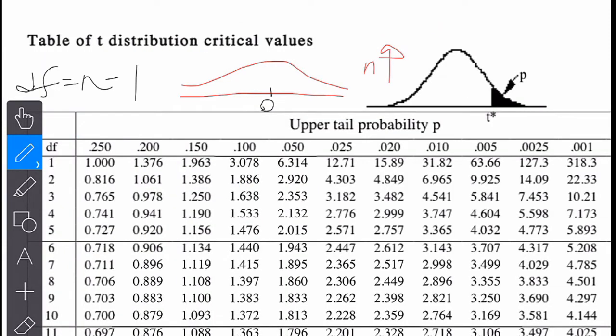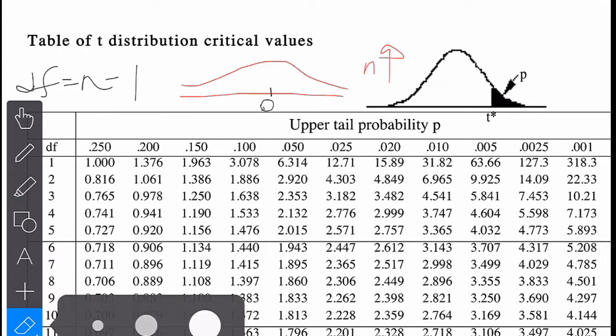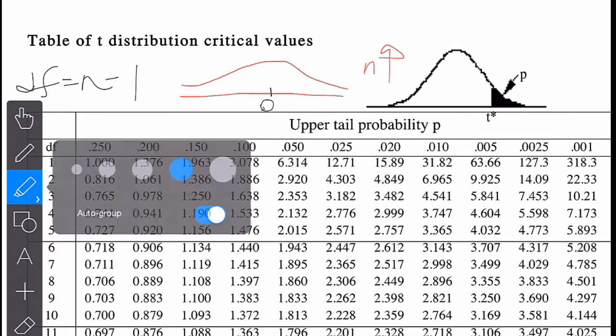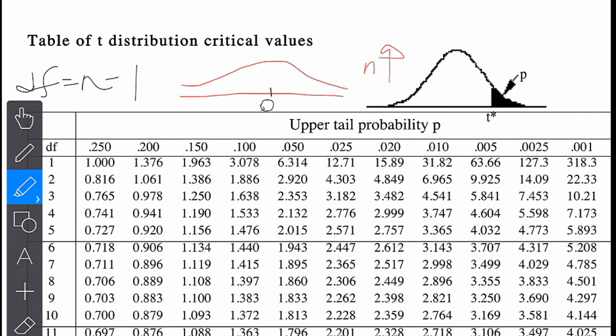So I go to row 19, which is this one here. Let's see if I can highlight. This is a highlighter, I think. It's not very fancy colors. Okay, so this is 19 here.